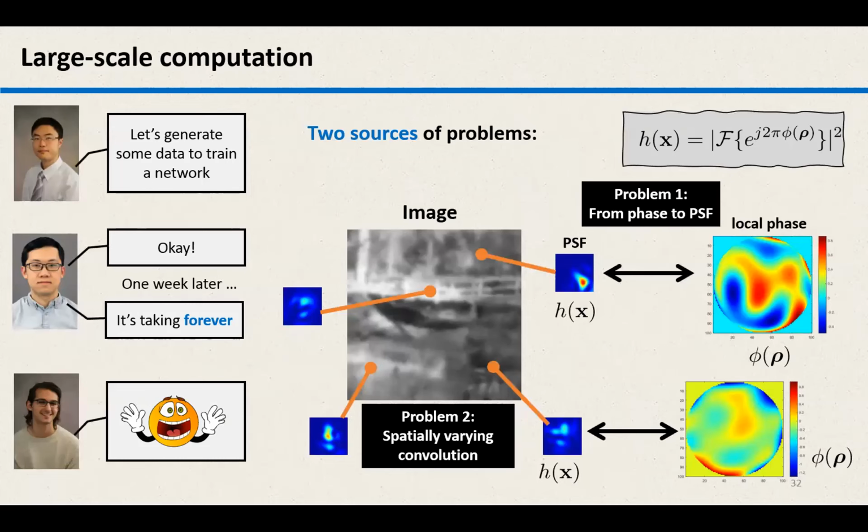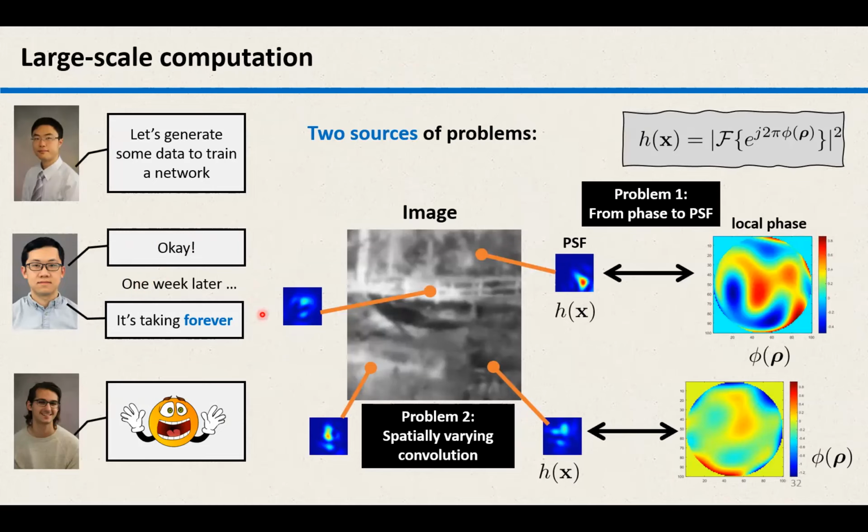So you may wonder, what is the problem? After we built our version 1 simulator, I asked Julian, another student of my lab, to just generate a data set so that we can try to train a deep neural network for reconstruction. And so Julian took the simulator, tried to simulate some data, and a week later he reported it's taking forever.